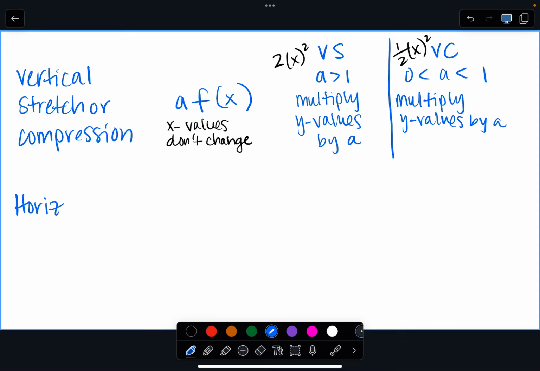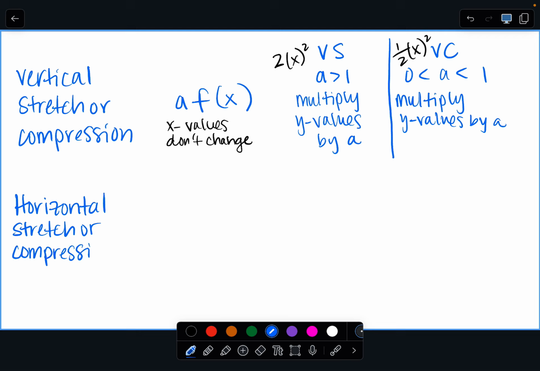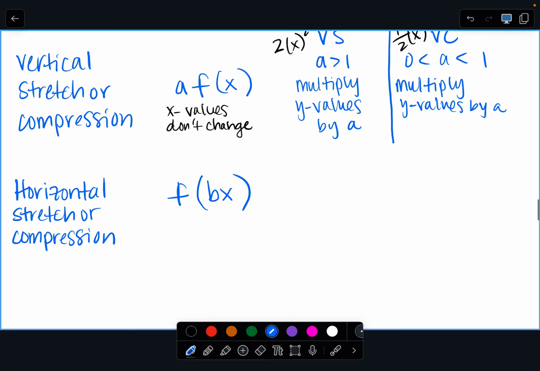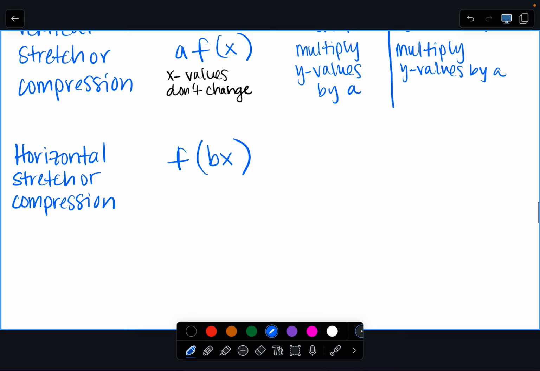Now this is the trickier one because the way we write it kind of works in the opposite sense you would think it does. So horizontal stretch compression. So basically, if I have a function and there is a multiplier inside. So notice the b is inside the parentheses of the function this time. So that would be like a reflection over y-axis.